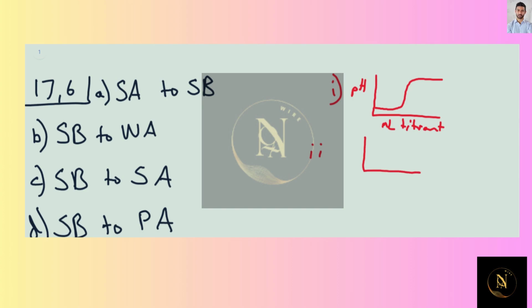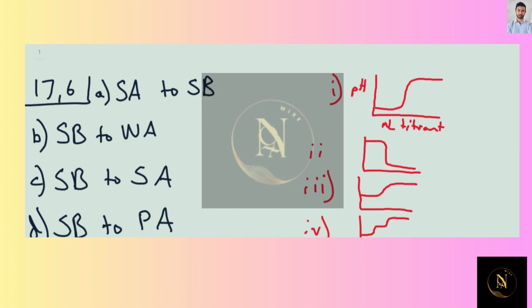For number 2, we start at a high pH, sharp decrease to lower pH. For 3, we start at an intermediate pH, little increase, higher pH. And for 4, we have 2 equivalence points, like this.